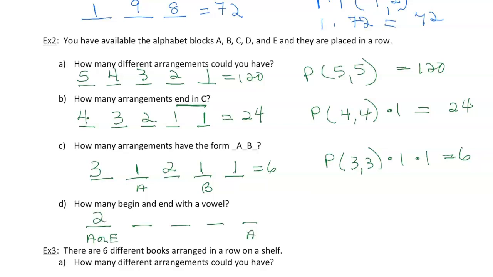So I'm going to say A or E also for the last, but I've already positioned the first one. So let's say if I put an A here, I have to put an E here without any choice, because now my A has been used up already. So there's only one thing I can do here. Okay, so I've taken 2 blocks out of circulation.